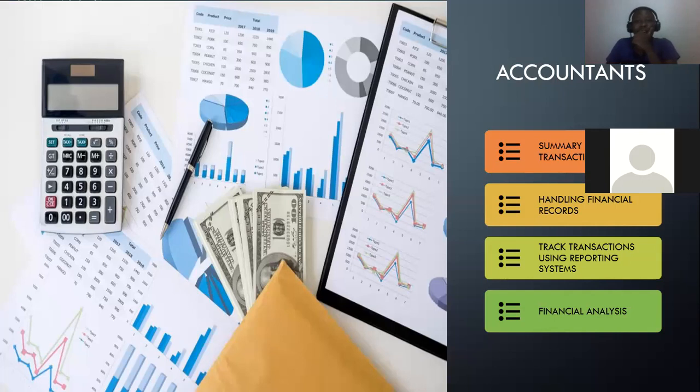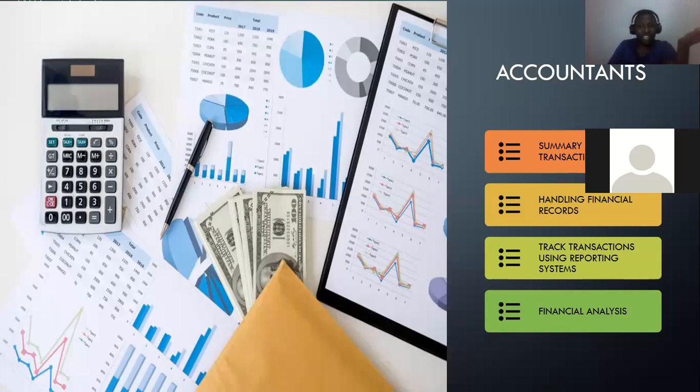Accountants basically have to give a summary of transactions, handle financial records, track transactions, and use report systems and financial analysis. Before the age of information systems, accountants were responsible for doing all these four things.